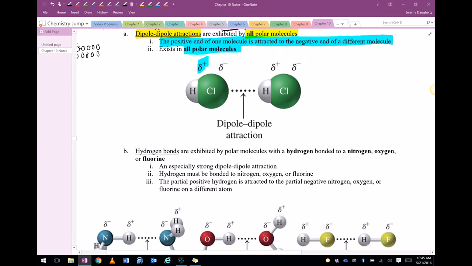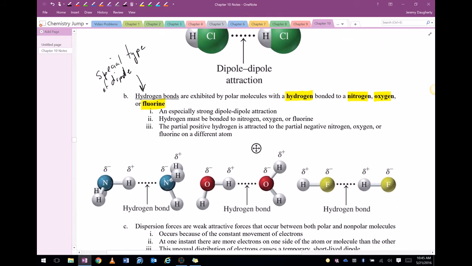Now, a special type of dipole-dipole bond is what's called a hydrogen bond. The reason it's a special type is because these are incredibly polar bonds. This happens whenever a hydrogen is directly bonded to a nitrogen, oxygen, or fluorine.